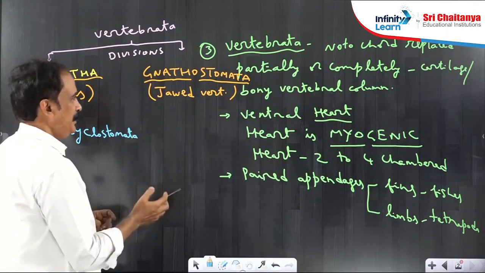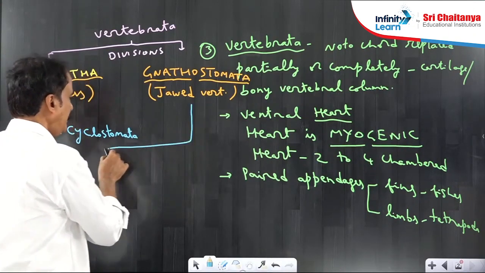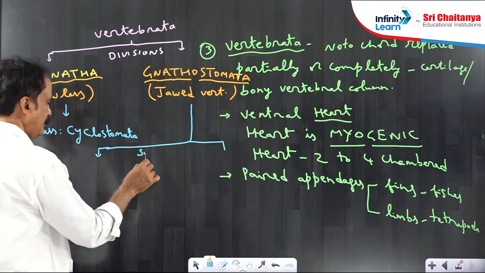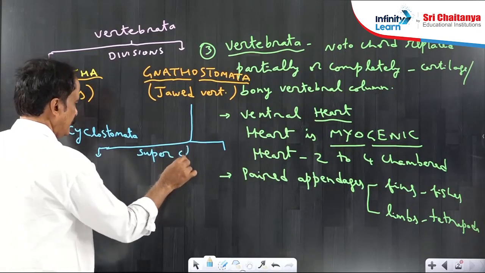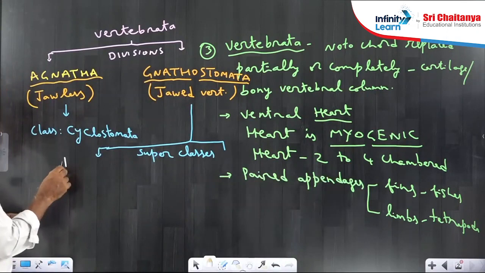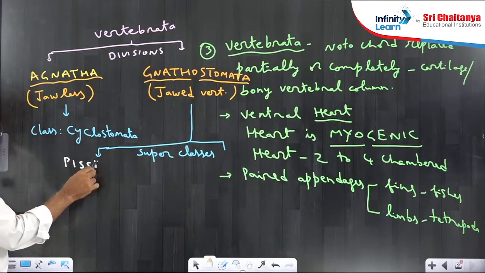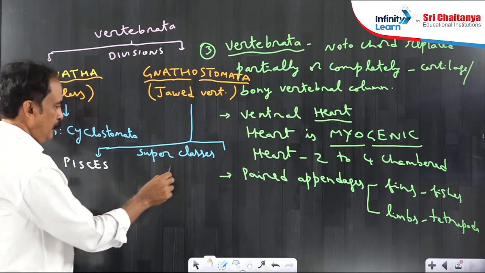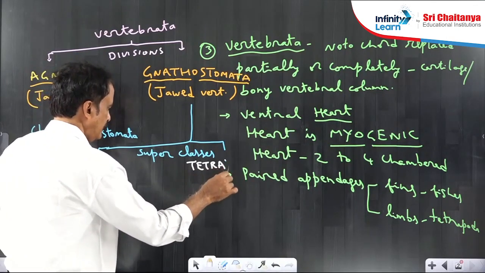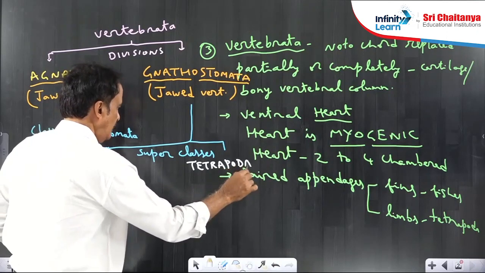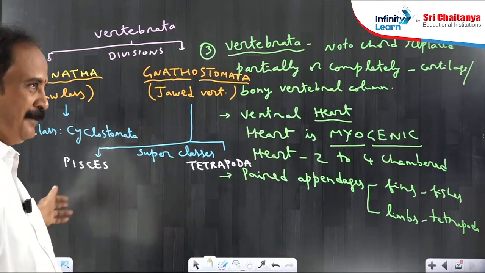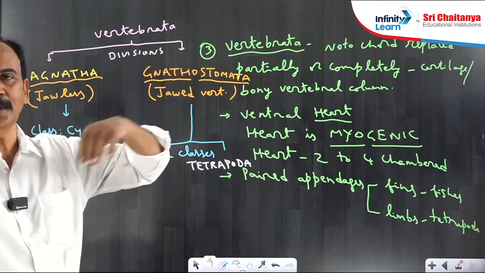Whereas the division gnathostomata is divided into 2 superclasses named as Pisces and tetrapoda. Okay, jawed vertebrates are divided into 2 different superclasses, a level present above the class.